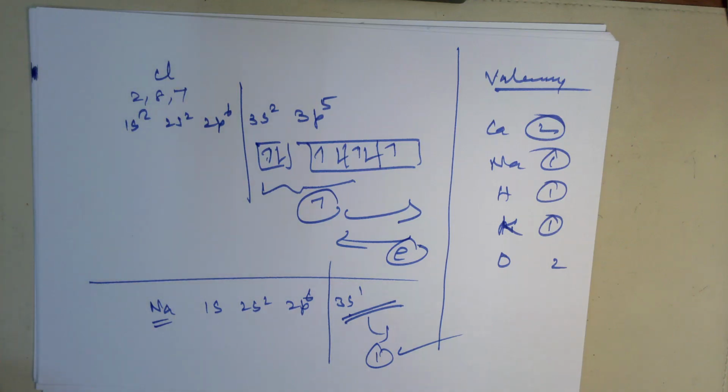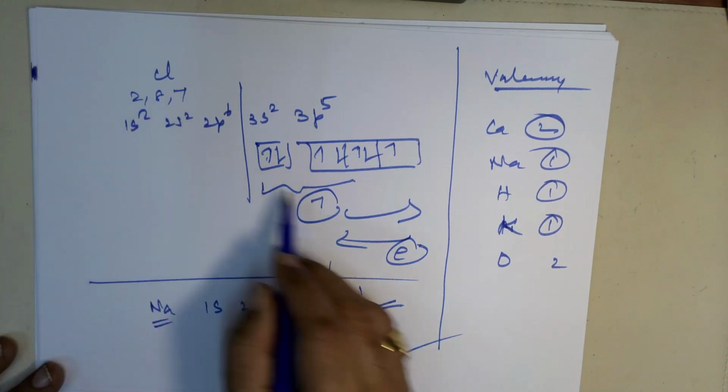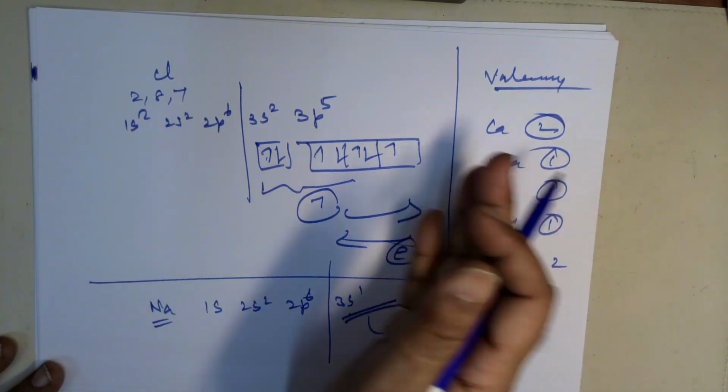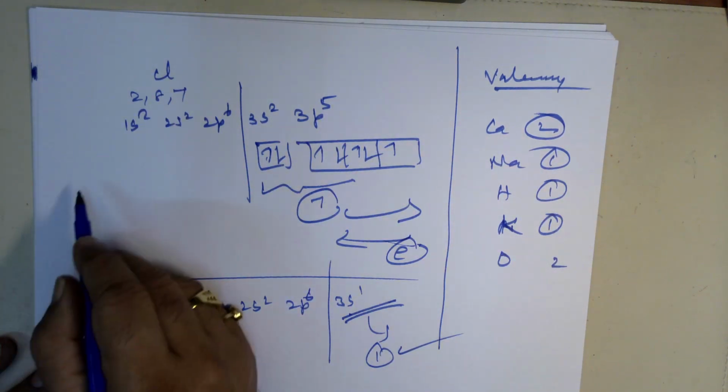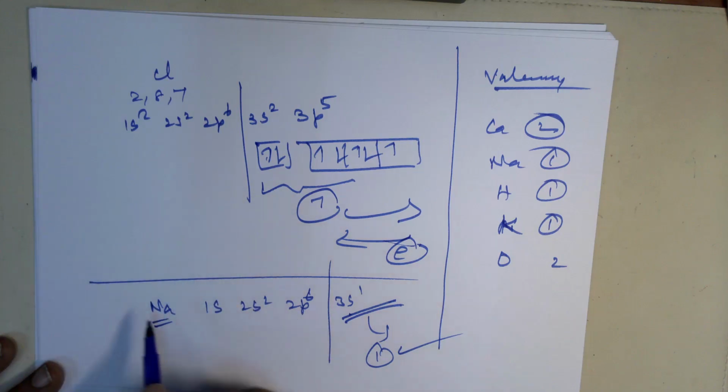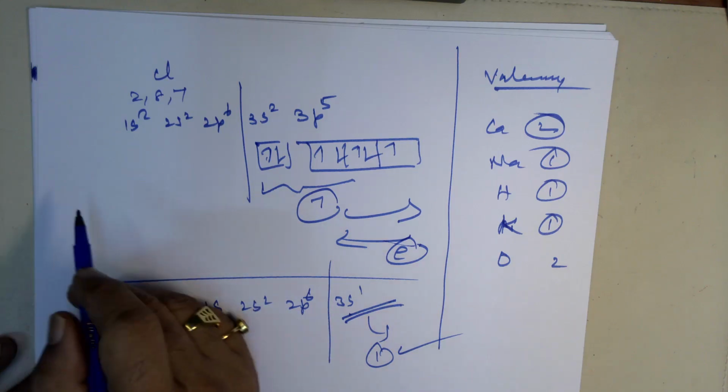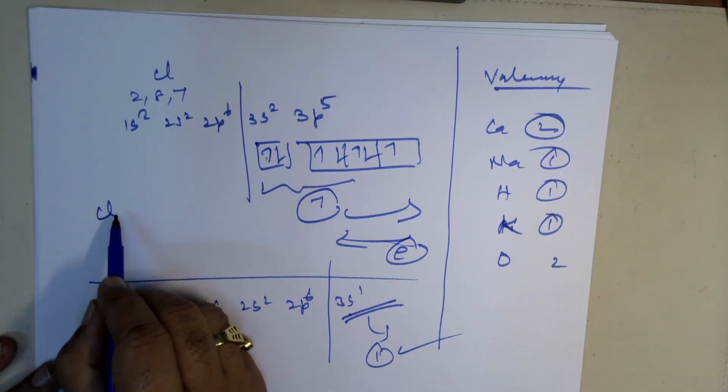Will you accept? You will accept but reluctantly. It means you will release some energy. So in this case, the energy is released when an electron is added, and that is why it's called electron gain enthalpy.